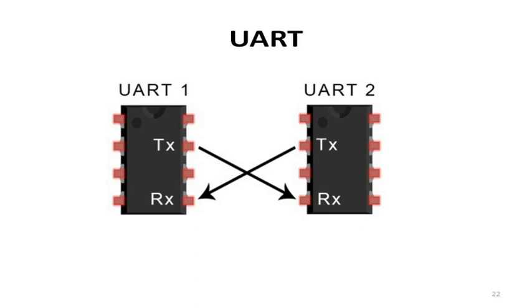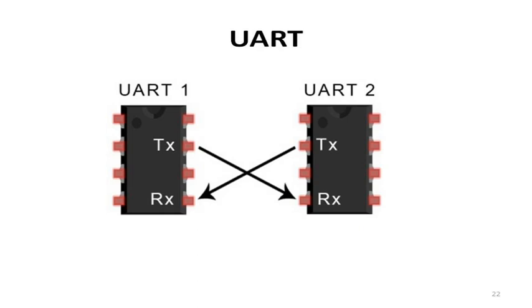So instead of the clock signal, the transmitting UART adds start and stop bits to the data packet being transferred. These bits define the beginning and end of the data packet so the receiving UART knows when to start reading the bits.